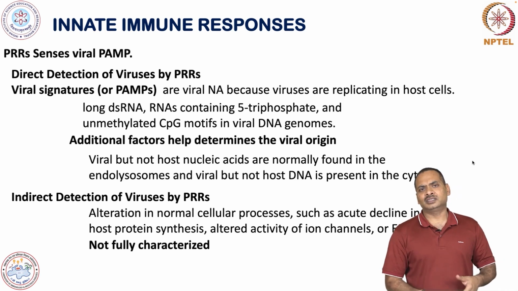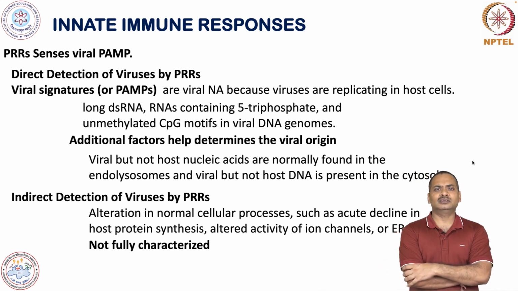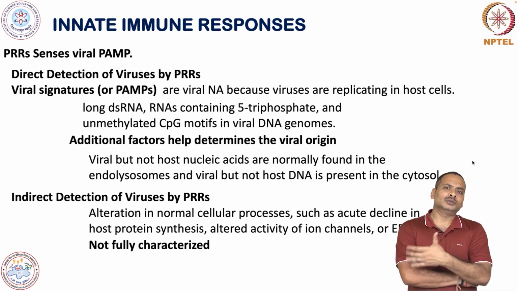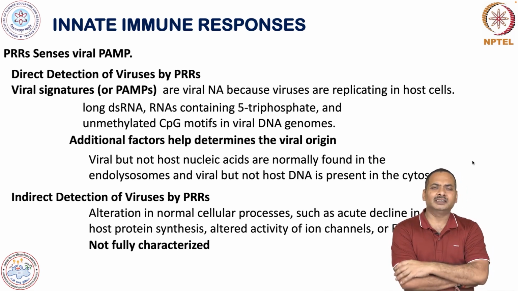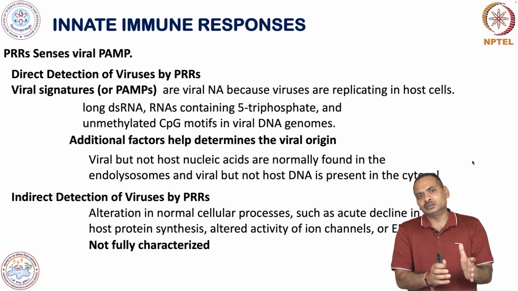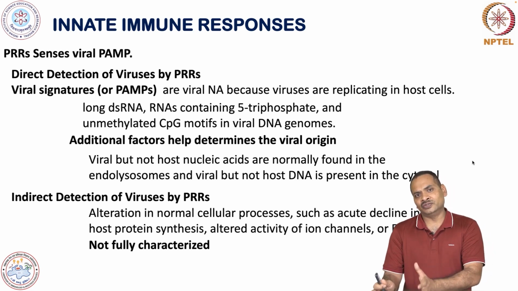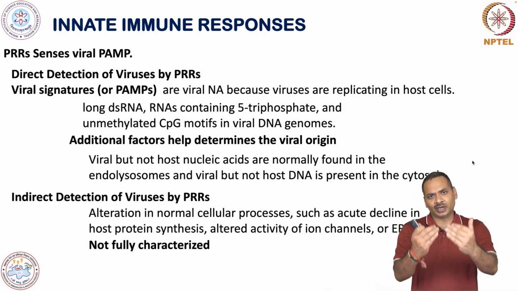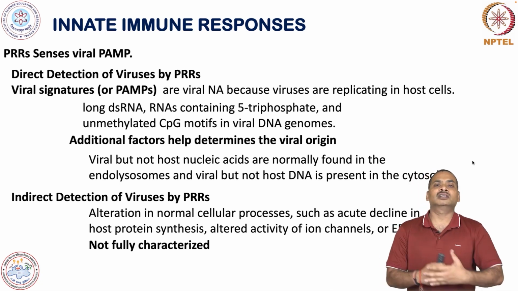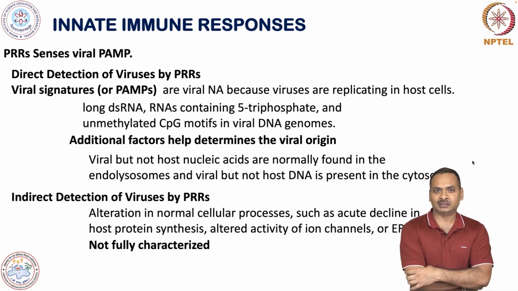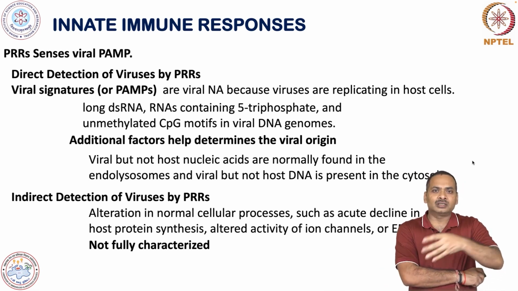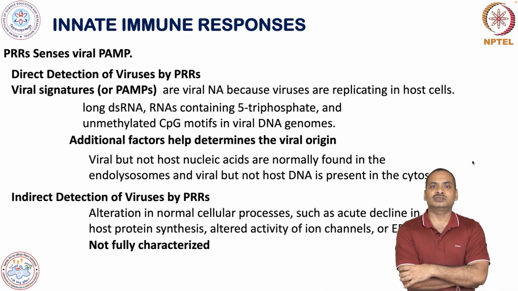Still, it's a very active research area, so people are trying to understand the molecular mechanism of all this, although we know the phenotype and effect. When a virus is infecting, there will be cellular stress, and the stressed cell undergoes cell death. This is known, but the precise molecular mechanism is not very well understood.